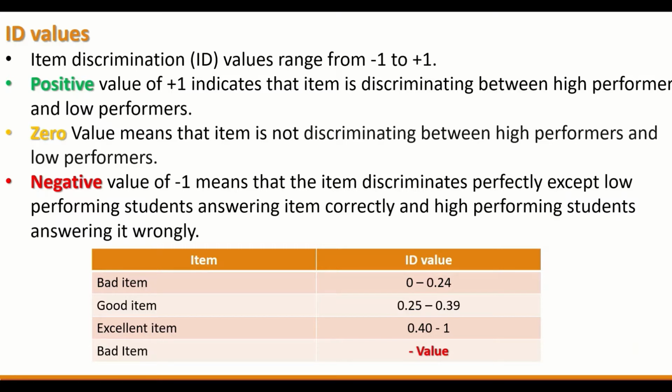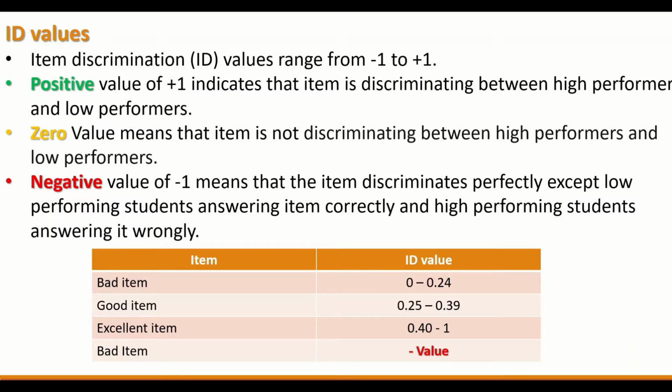As shown here in the table, the range for the ID value is listed, and the items are classified as a bad item when the ID value is from 0 to 0.24. That is based on Kelley's formula. Good item when the value is between 0.25 and 0.39.